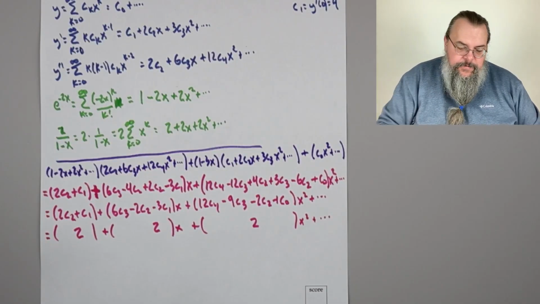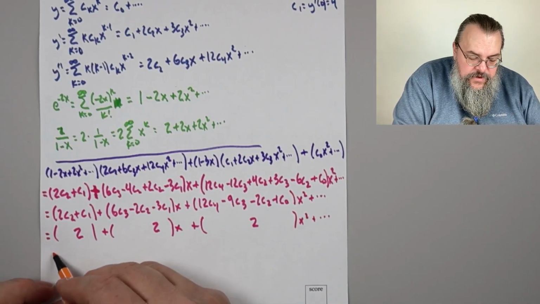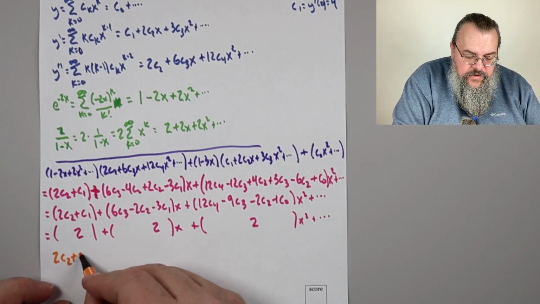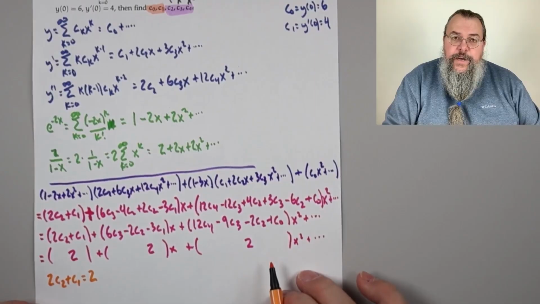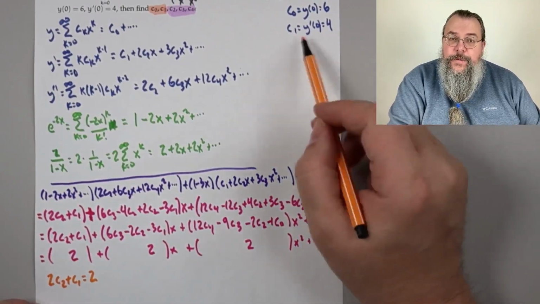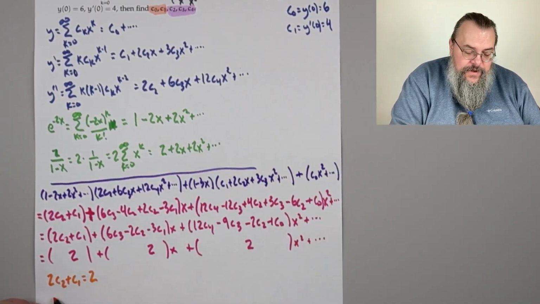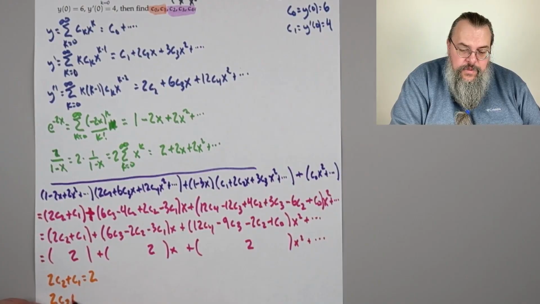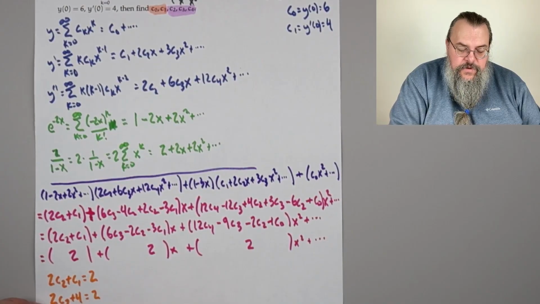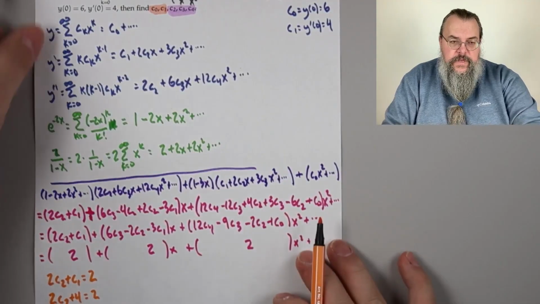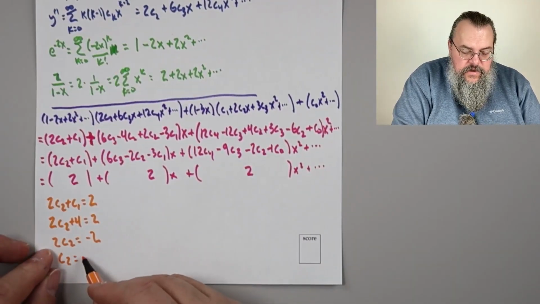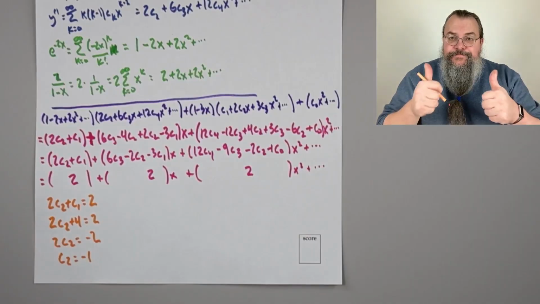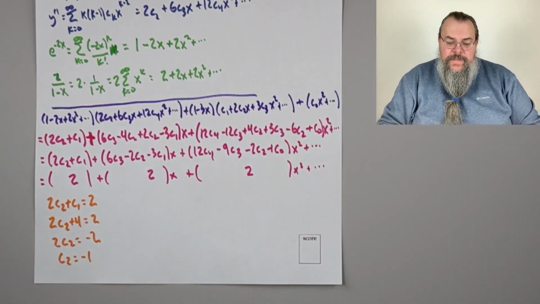And in particular, we can say, hey, 2c2 plus c1 equals 2. Now, it's so high up here, but look, we know what c1 is. c1 is 4. So 2c2 plus 4 equals 2. 2c2 equals negative 2. So c2 is negative 1. We got it.